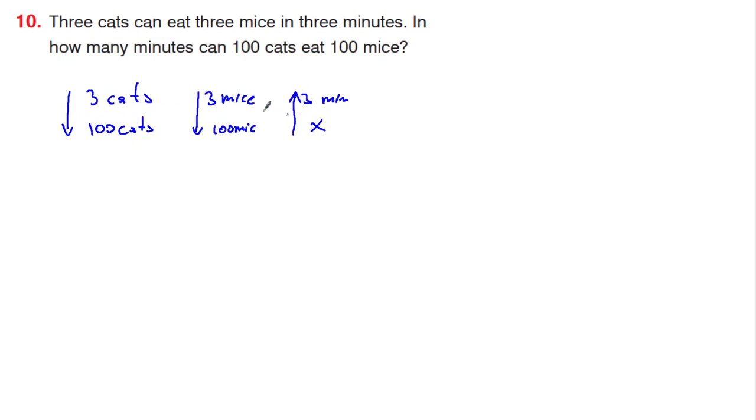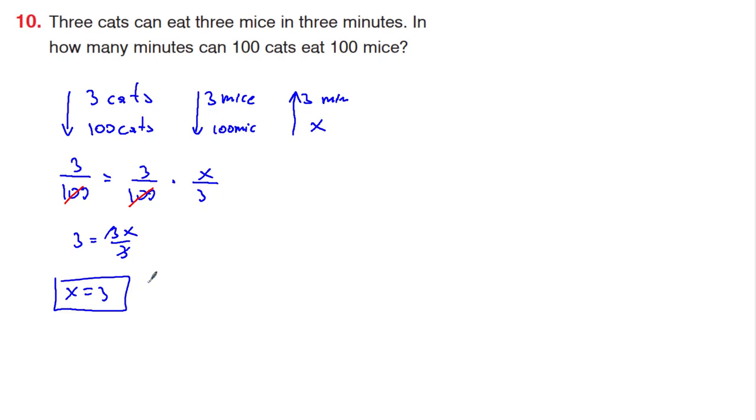So it's inverse. For that, we point them in different directions. So 3 over 100 is 3 over 100 times x over 3. And now I think we can cancel these two 100s here. So you get 3 is equal to 3x over 3. Cancel, cancel. x is 3.